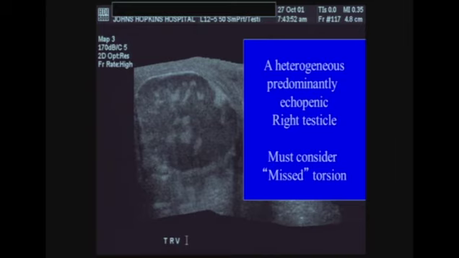And when one sees this, one must consider the possibility that this is what some people have used the term missed torsion or subacute torsion, because if it was never seen, it wasn't missed. And some people believe that the echogenic area is hemorrhagic.